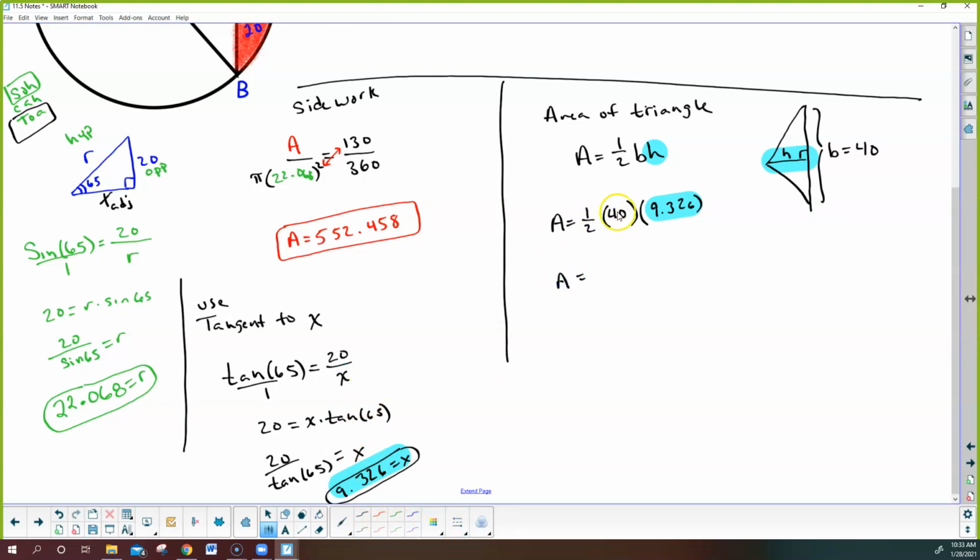So I know half of 40 is 20. 20 times 9.326 is 186.523.